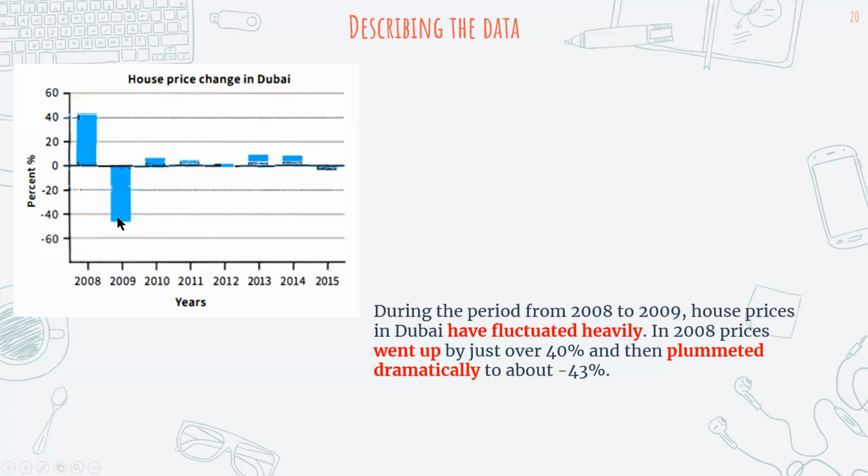I don't want to just use the numbers. I want to describe. So I will say have fluctuated heavily. In 2008, prices went up by just over 40%, and then plummeted dramatically to about minus 43%. So this is describing your data.